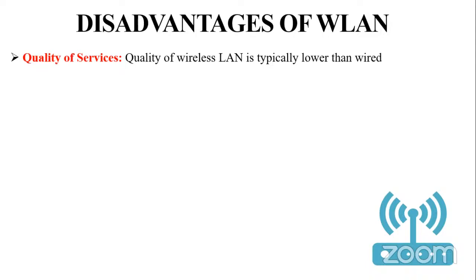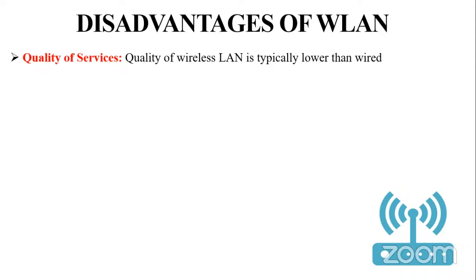And you can write not only these, but whatever you feel is a disadvantage of Wi-Fi, you can write in the exam. The quality of service. This is exactly right. If you have a dedicated link between the sender and receiver, that data exchange will be much faster and without any interruptions.